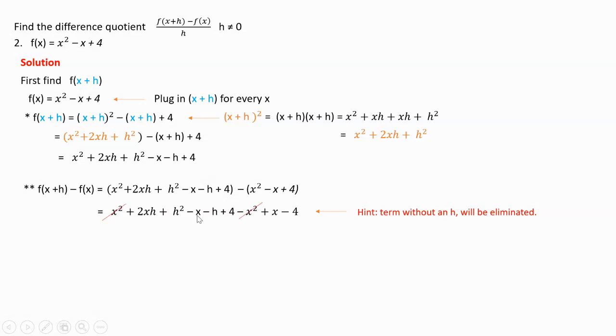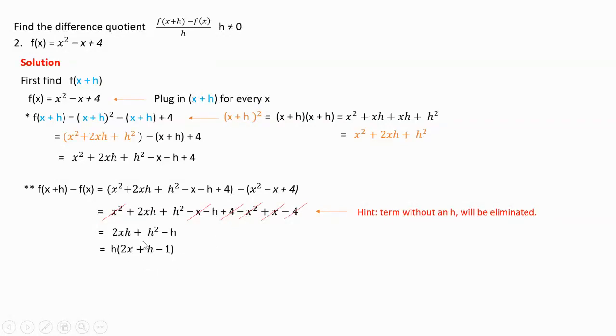The negative x, does it have an h? No, so that term also must be eliminated, and here it is over here with the x. The term with h has an h, so it stays, and the 4 doesn't have an h, so that one has to also be eliminated. So we have to find a negative 4, and here it is at the end. So the 4 will be eliminated with a negative 4. So what's left? 2xh plus h squared minus h.